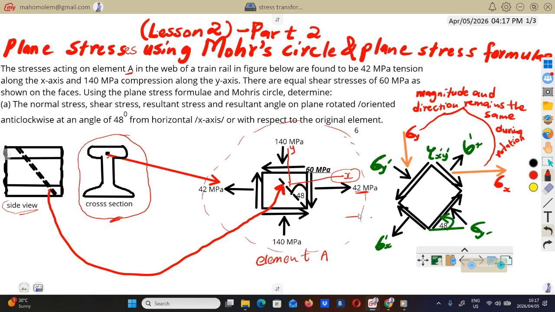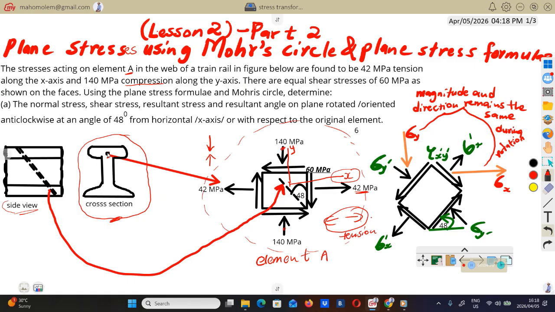As you can see, these arrows are pointing away from each other, meaning tension. Also, we have 140 MPa compression along the y-axis. So parallel to y, we have 140 MPa compressive stress. That's why you'll see these arrows going like this, meaning compression.